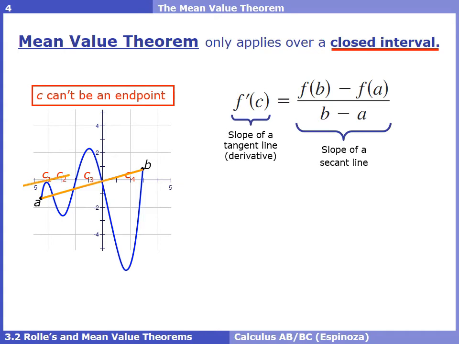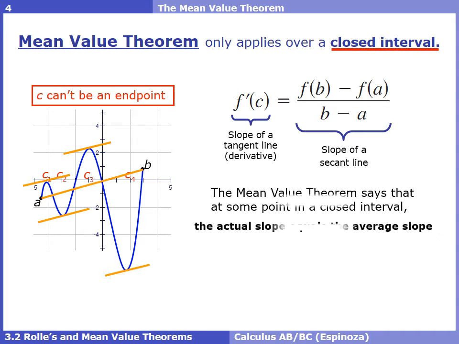And I'm not going to actually find them, I'm just going to visually draw them for you. C1 was the first one. The C2 that has the same slope is the one that just came out. At C3, there's another tangent line that has the same slope. And at C4, there's another tangent line that has the same slope. So there can be multiple x values. Again, we're just using C here to show that x value, where the tangent line or derivative has the same slope as the secant line.